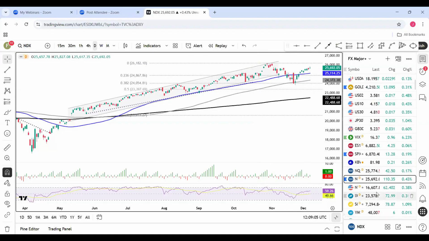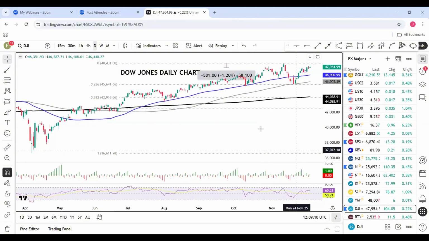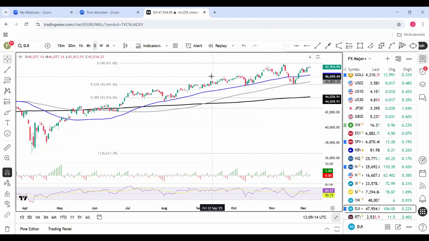And then the Dow, excuse me, just pulled up shy of the record high again. A nice breakout of a bullish consolidation pattern there. You can see a flag type bullish continuation pattern. So we had a break higher, then a little bit of a pause, and that's just below the all-time high at 48,431. That is the Dow.